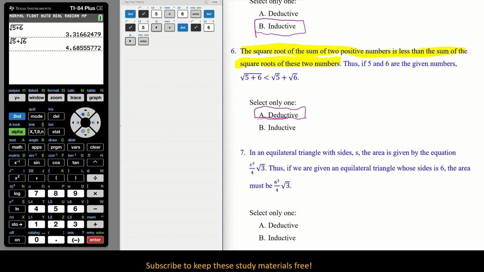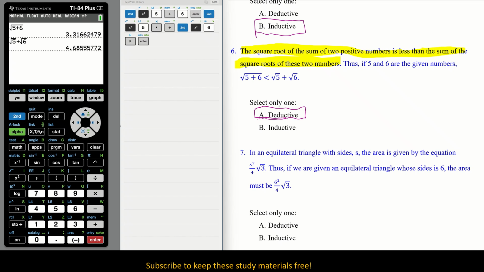Number 7. In an equilateral triangle with sides S, the area is given by the equation S squared over 4 times square root of 3. Thus, if we are given an equilateral triangle whose side is 6, the area must be 6 squared divided by 4 times square root of 3.